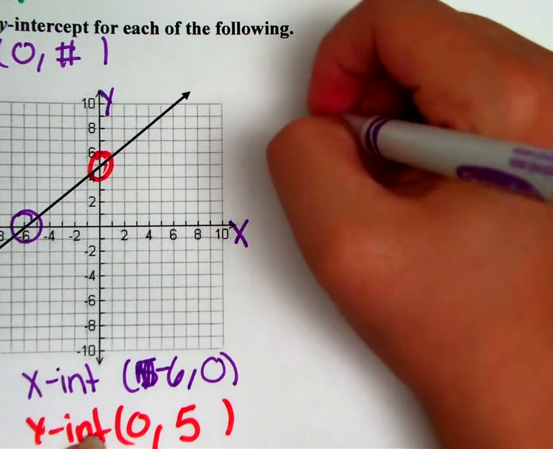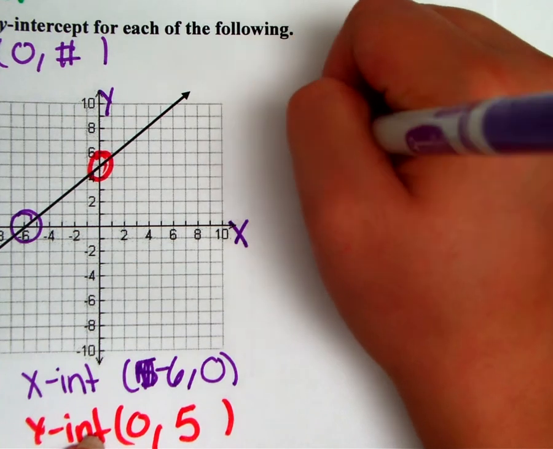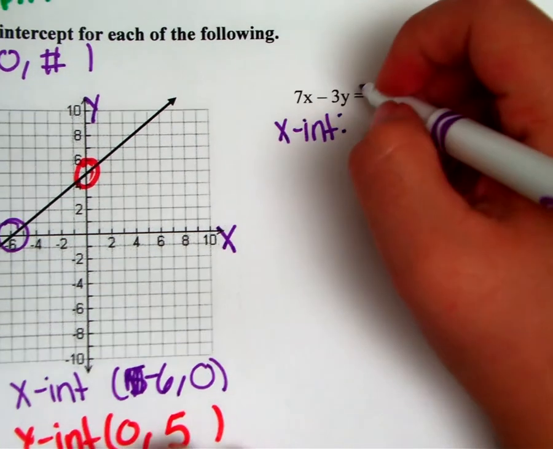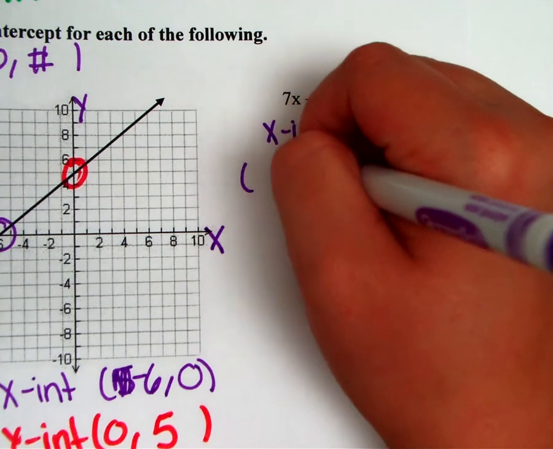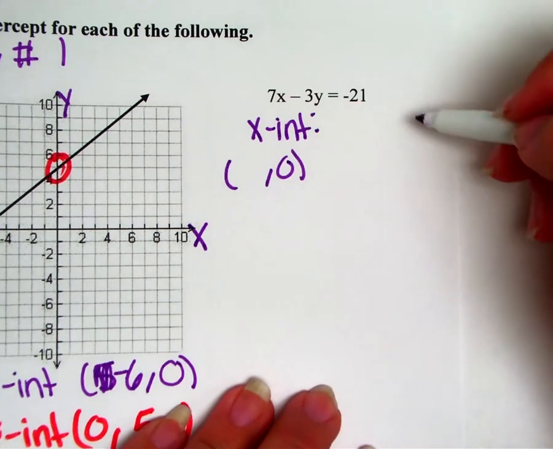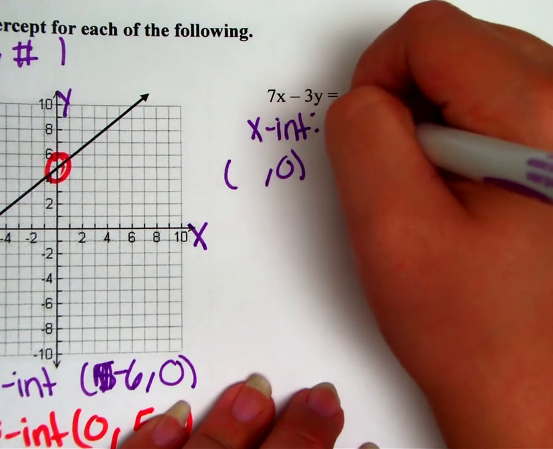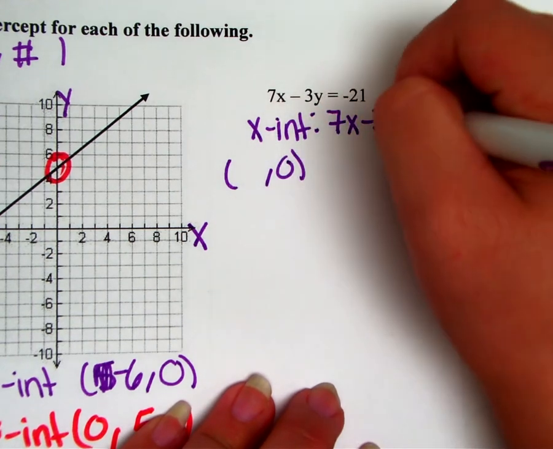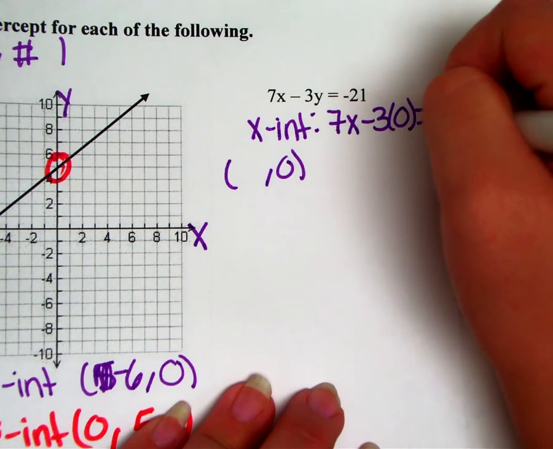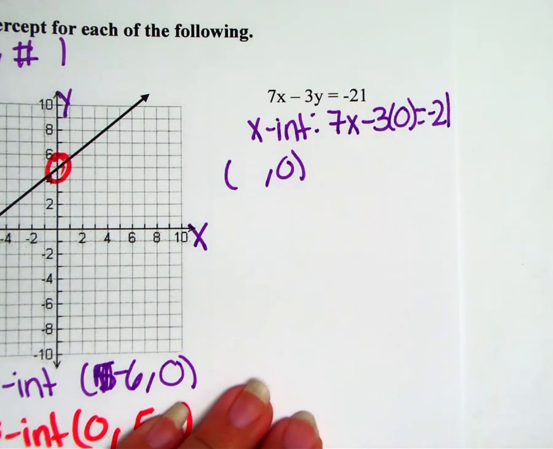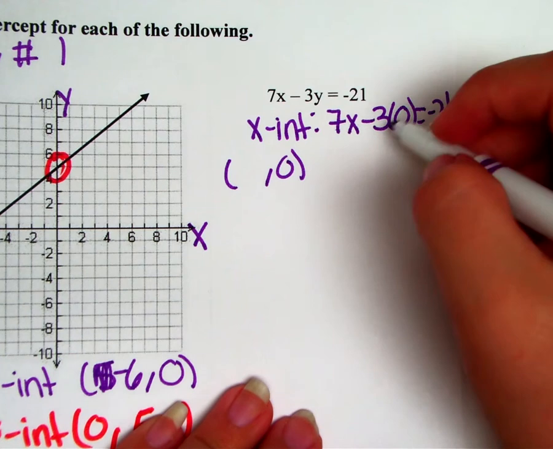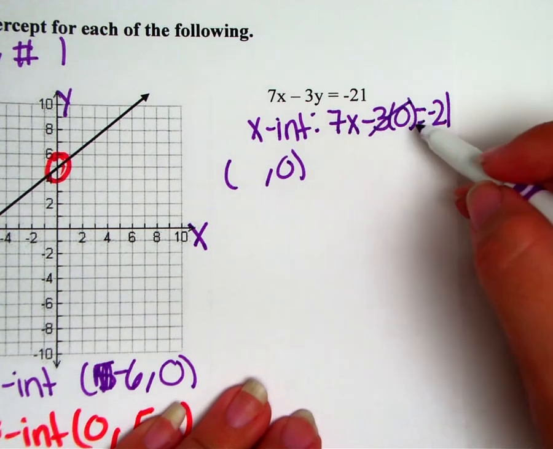So we'll do the x-intercept first. For the x-intercept, we know we're going to have a 0 in the y spot. So I'm going to rewrite this whole equation, but instead of y, I'll have a 0. So that is 7x minus 3 times 0 is equal to -21. Just like that, the -3 times 0 goes away.